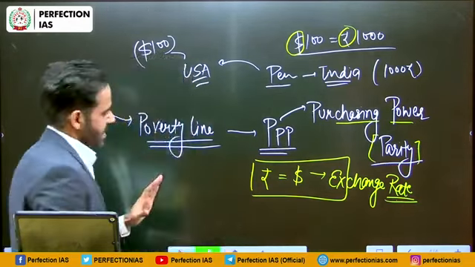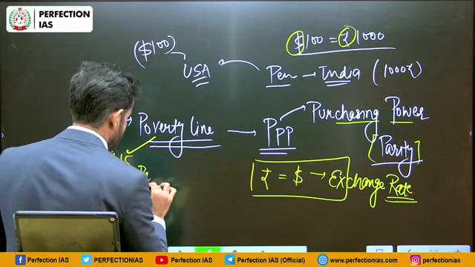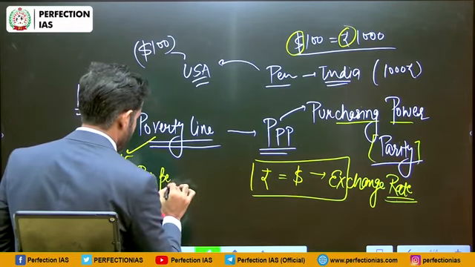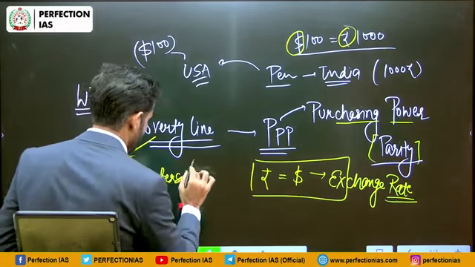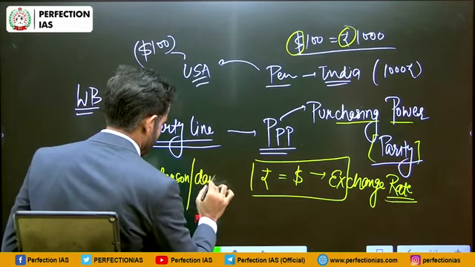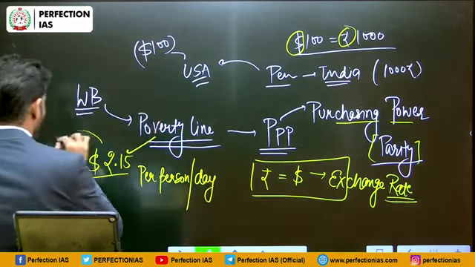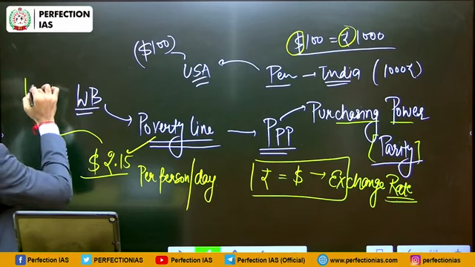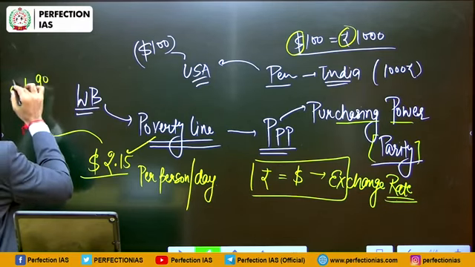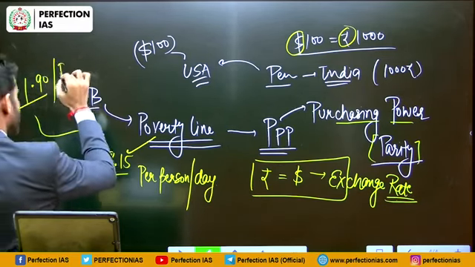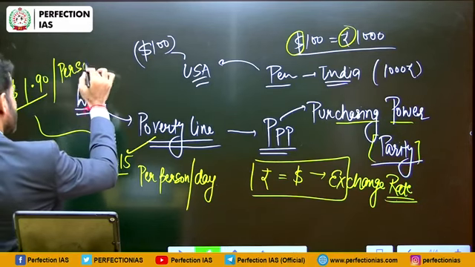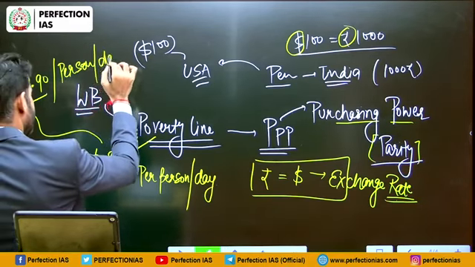So in terms of purchasing power parity, the recent poverty line is $2.15 per person per day. Previously it was $1.90 per person per day.